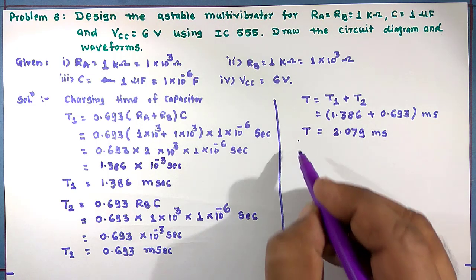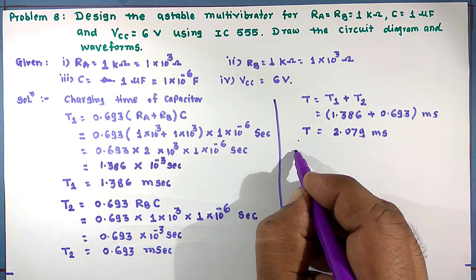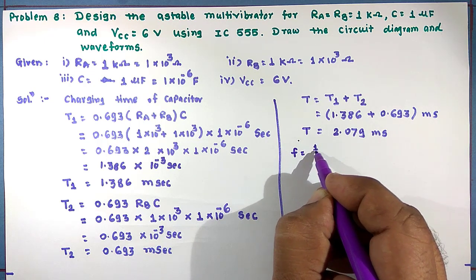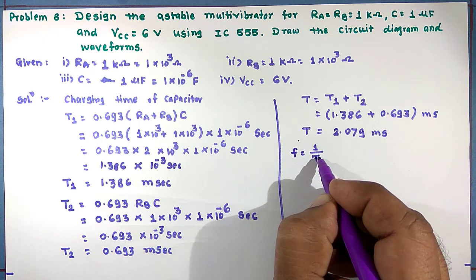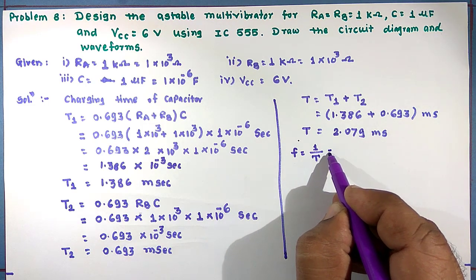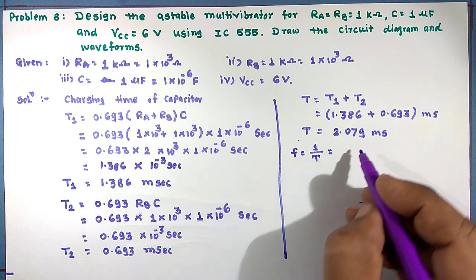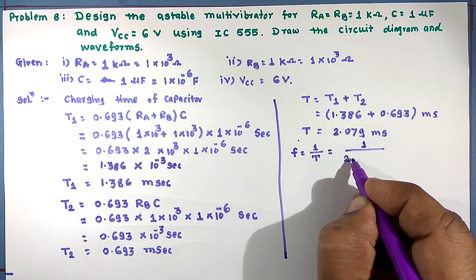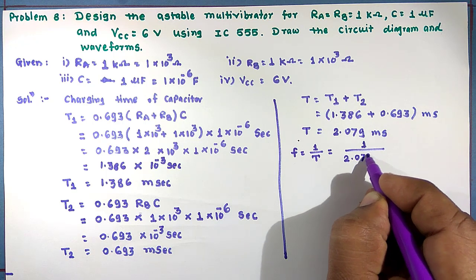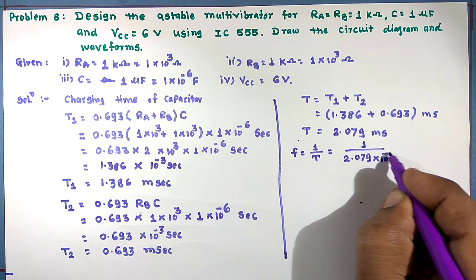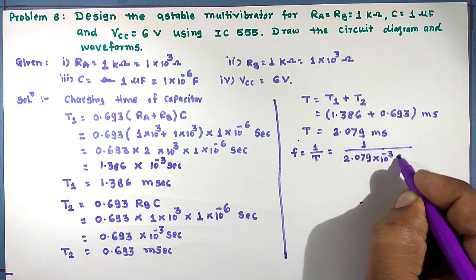From this, frequency can be obtained, because we know that frequency is the reciprocal of this total time T. Hence, f is equal to 1 upon T is equal to 1 upon 2.079 millisecond, that is 10 raised to minus 3 second.